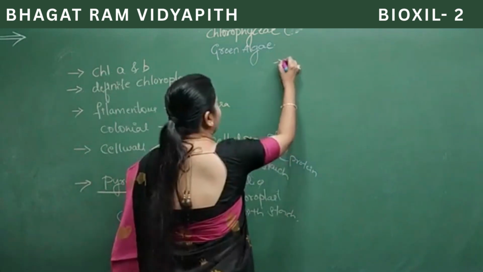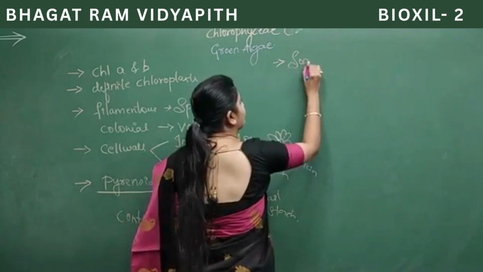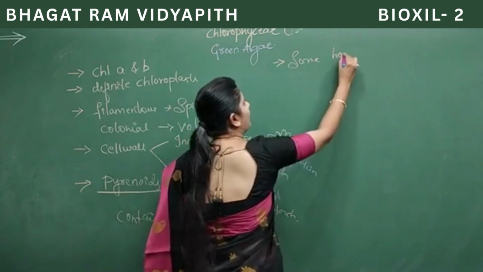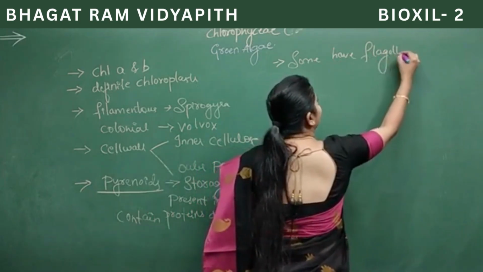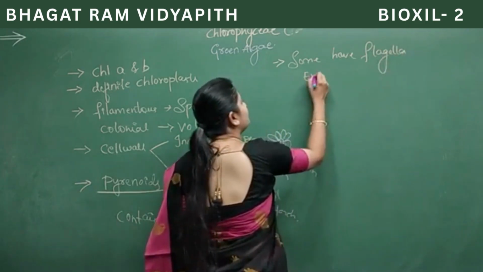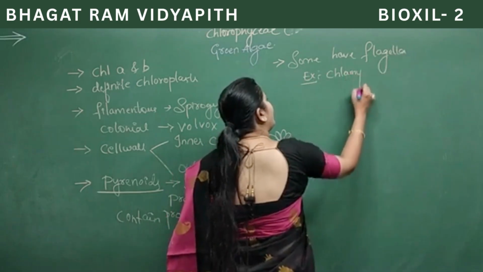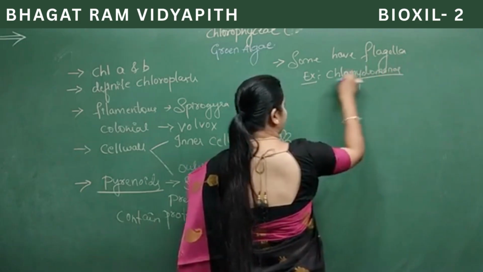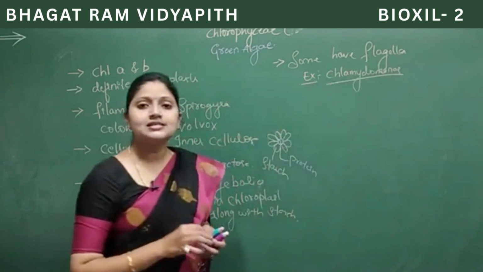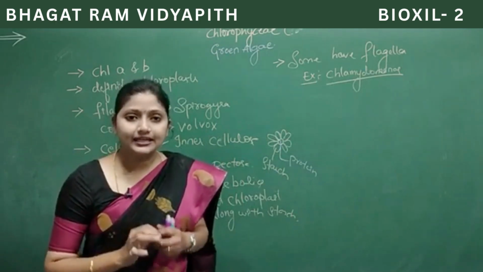Few green algae have flagella. Some have flagella. Example for that is Chlamydomonas. Chlamydomonas is an example for flagellate green algae.